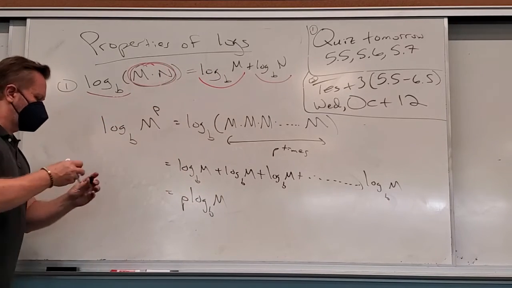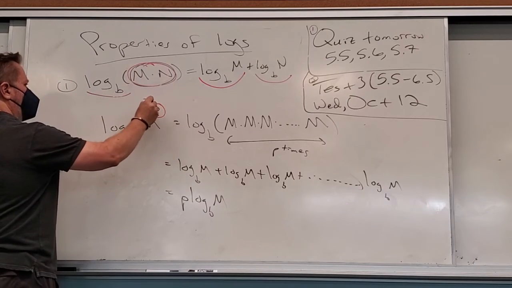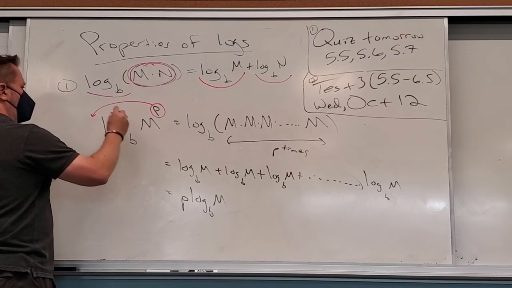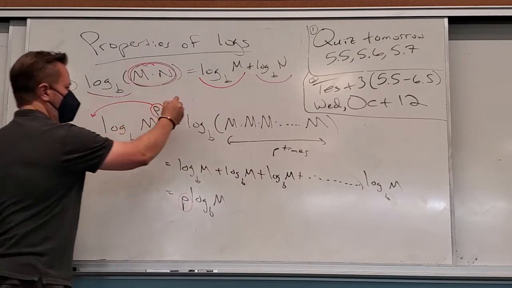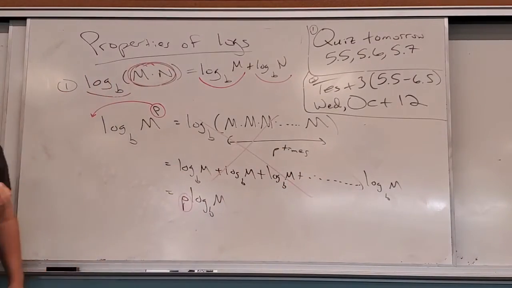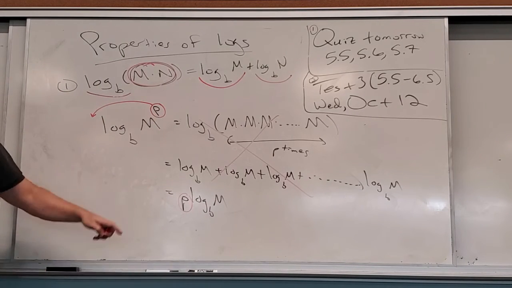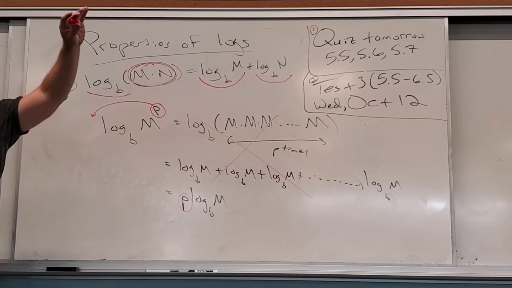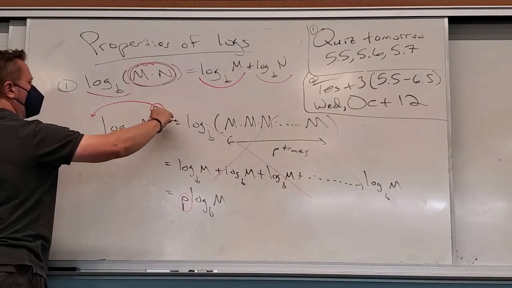Now look, here's the shortcut. What happened to this? Didn't it just come down? So you don't have to do all this; that's the reason why it works. Now we can just take a power down. And why does it still match the properties of powers? What do I do when I raise something to a power to another power?